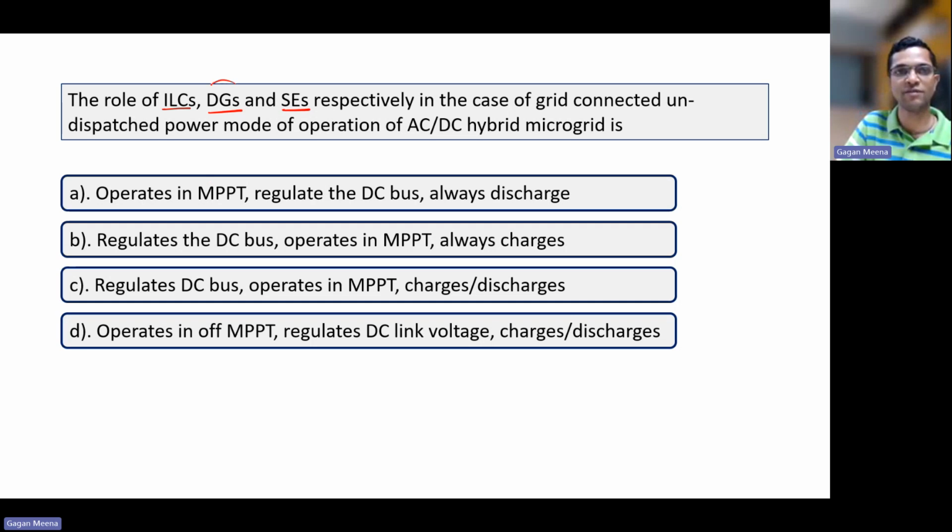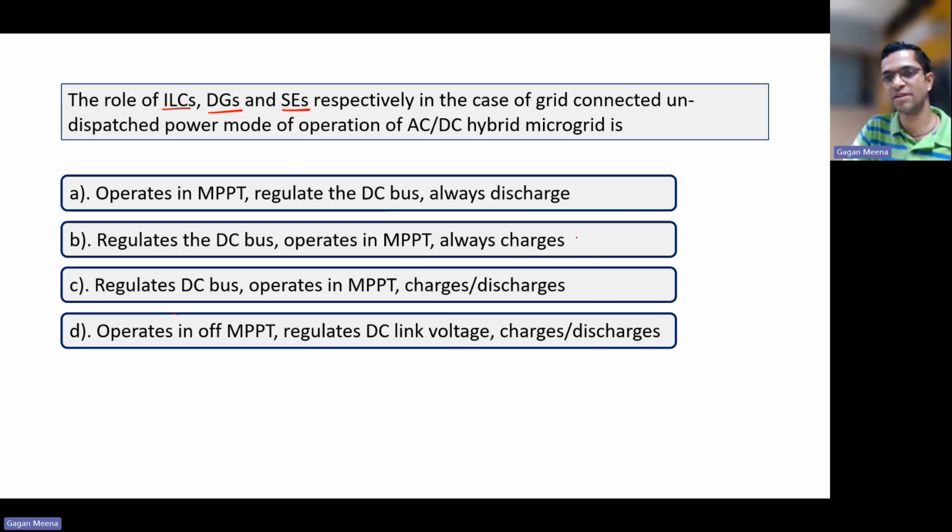So what is the role of DG here? The role of DG is to operate at maximum power point, that is, operate in MPPT. These two are not correct. The storage element can both charge and discharge, and the ILC will regulate the DC bus.